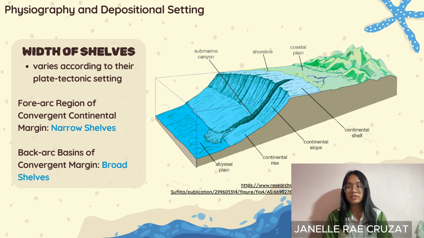And then, on the other hand, broader shelves often form in back-arc basins, divergent margins, and cratonic downwarps. In these settings, tectonic processes create more stable, less active regions where sediments can accumulate over a wider area.